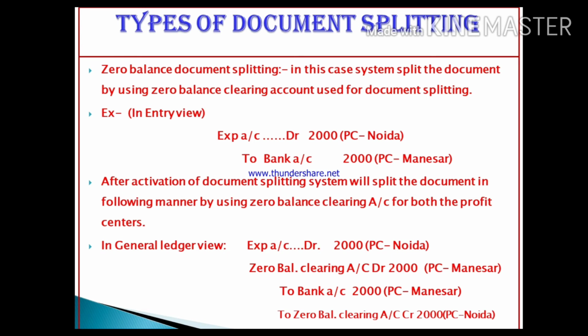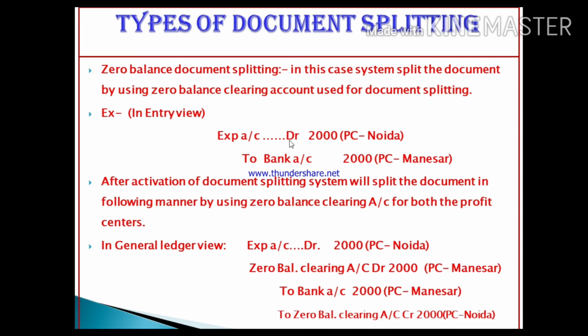So what is the entry in entry view? For example, an expense account of 2000 rupees for Profit Center Noida to a bank account of 2000 rupees for Profit Center Manesar. Here you have paid this amount by the bank of Profit Center Manesar.